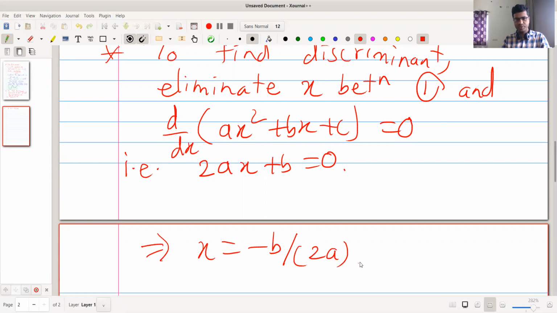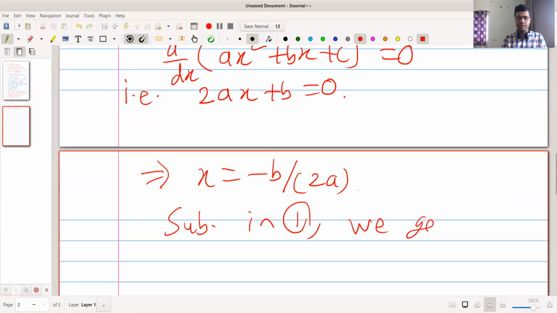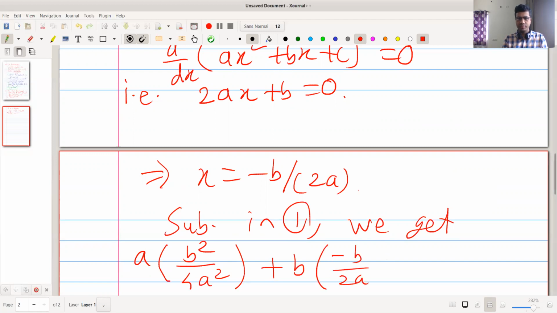So we substitute in equation 1. Substituting in 1, we get a into x square, so x square is b square by 4a square, plus bx, so b into minus b by 2a, plus c equal to 0.